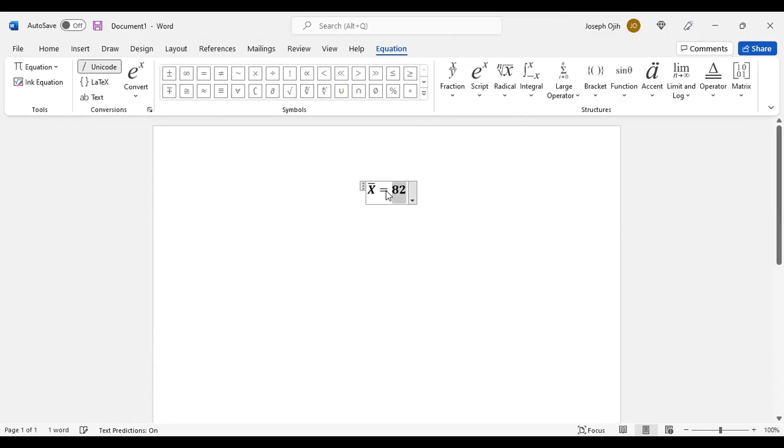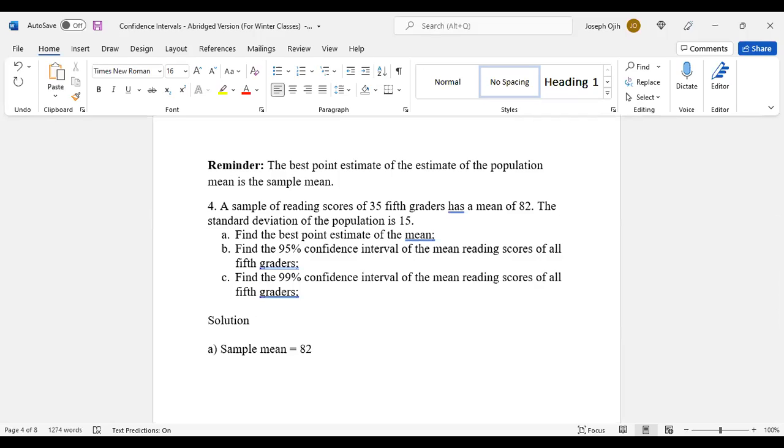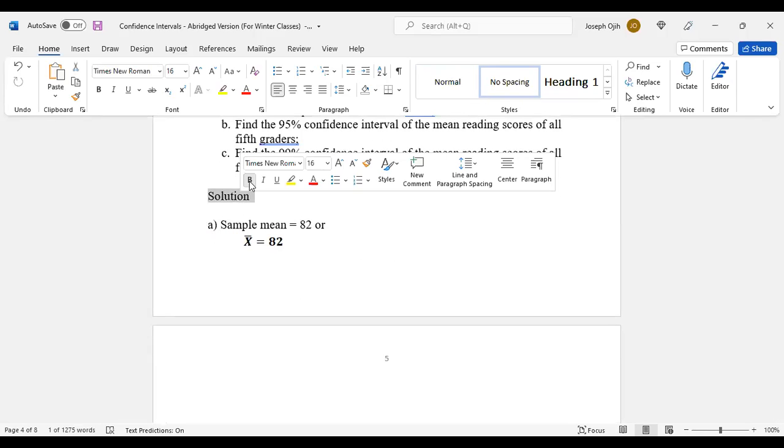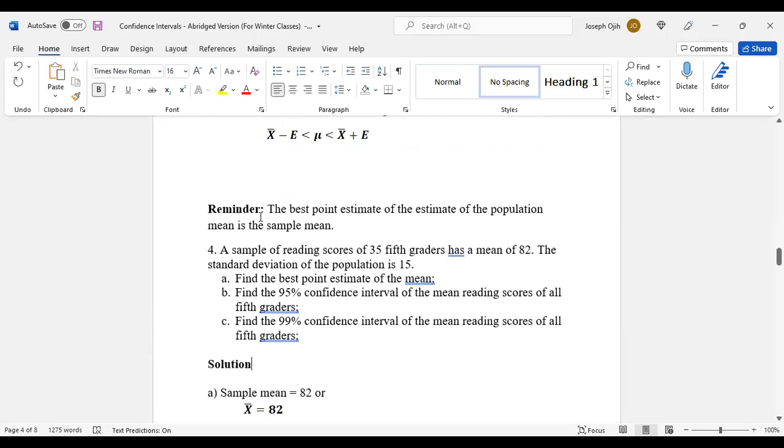Either you write it in words, sample mean, or you write it as X bar equals 82. The main work is in part B and part C as well. So I'm going to move this question down so we can have more room for it.